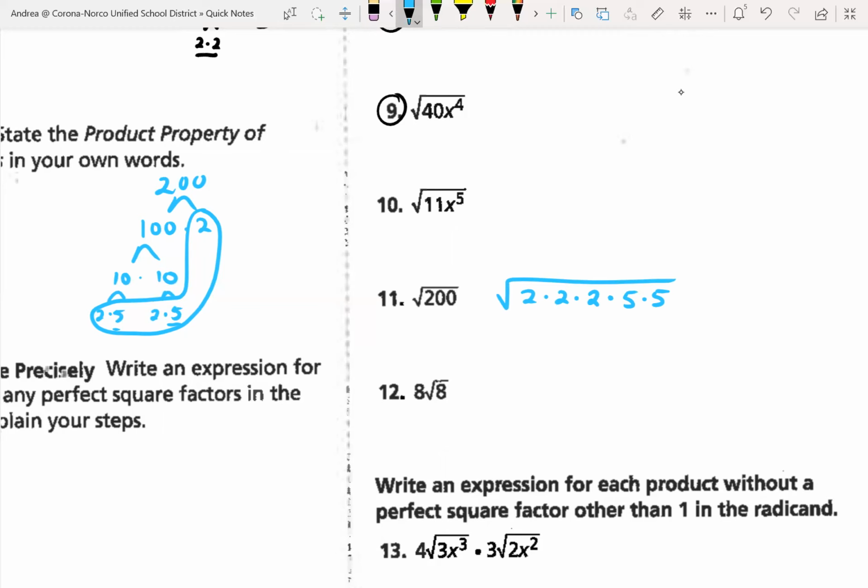Okay, so now we're looking for the pairs. So I have a pair of 2s and a pair of 5s. So 2 times 5 comes on the outside. This 2 stays on the inside. So square root of 200, when I simplify it, should be 10 square root 2. Any questions over that?